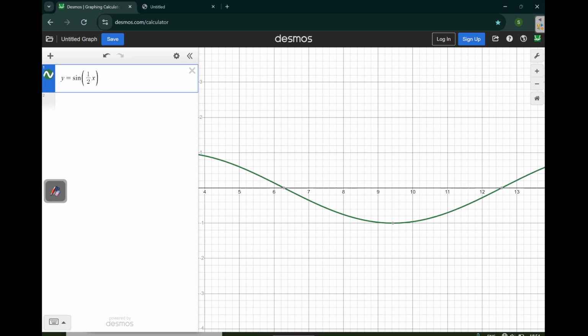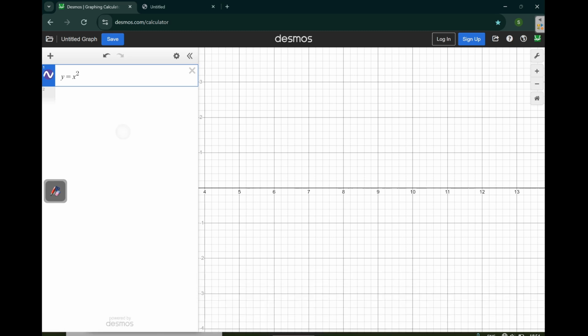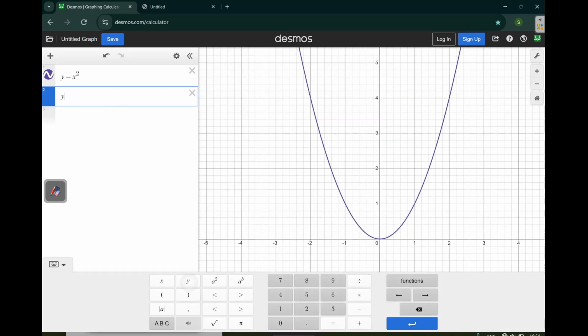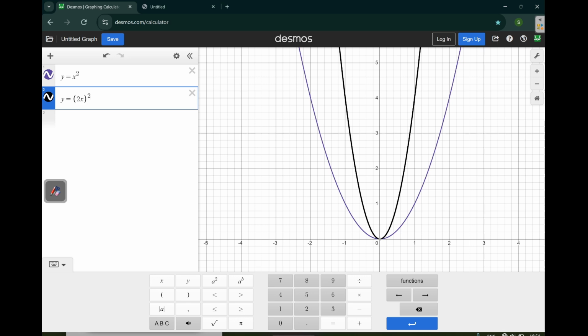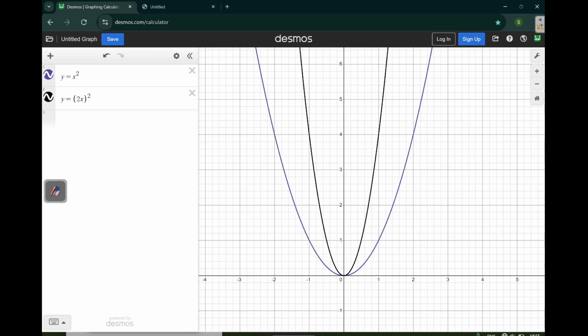If I use the quadratic, y is equal to x squared, this is the one we are having. But then I have y equal to 2x, then squared. You see that here, for the same y coordinate, the x coordinate has divided by 2.